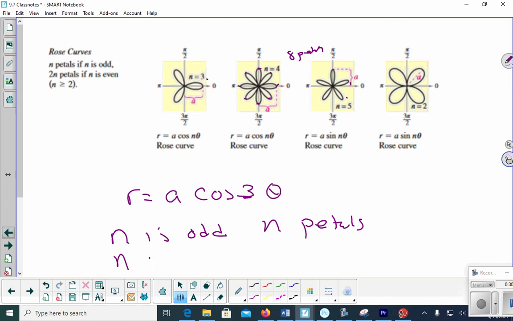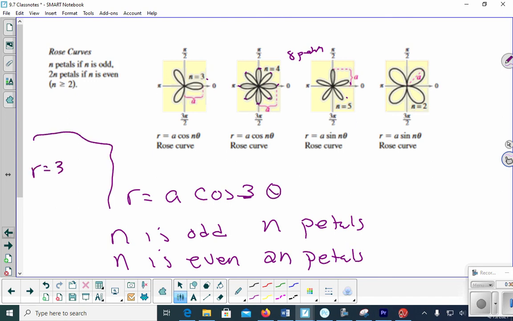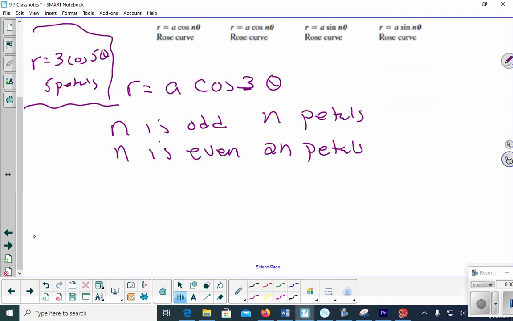If n is even, then you take 2 times that, and that's how many petals you have. So if I said r was equal to 3 cosine 5 theta, that means there would be 5 petals. And we'll go through how you find those petals in a second. If I had r is equal to 3 cosine 6 theta, that means I would have 12 petals.